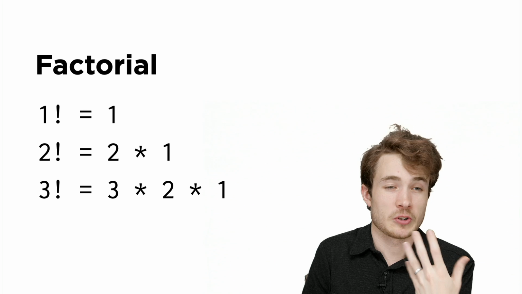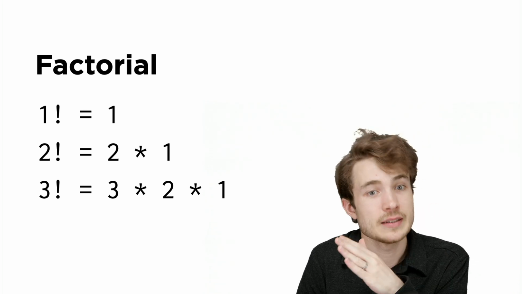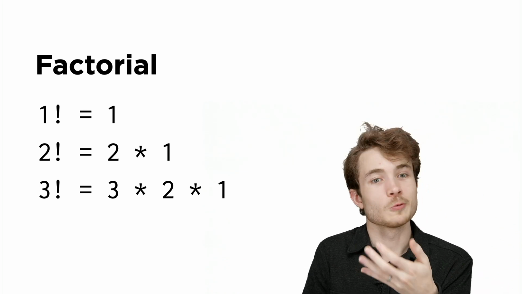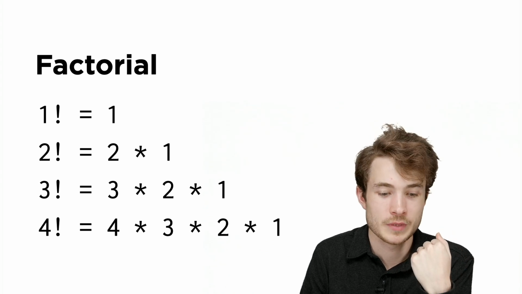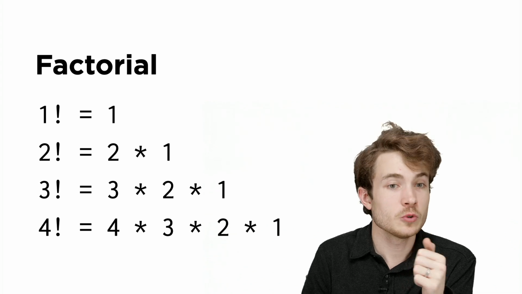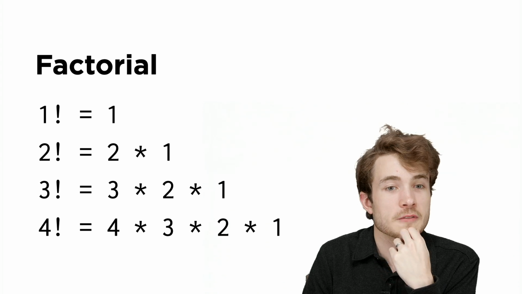So again, start with that number, 3, multiply it by the number 1 less than it, then again. So 3 times 2 times 1. And now 4 factorial, what do you think that will be? Well, 4 times 3 times 2 times 1. So in this case, 1 factorial, 1, 2 factorial, 2, 3 factorial, 6, and 4 factorial, 24 in the end.